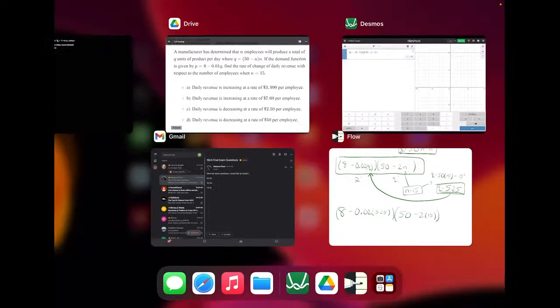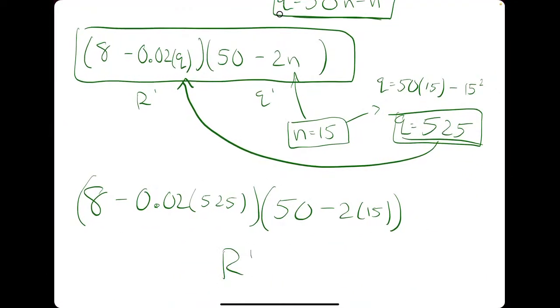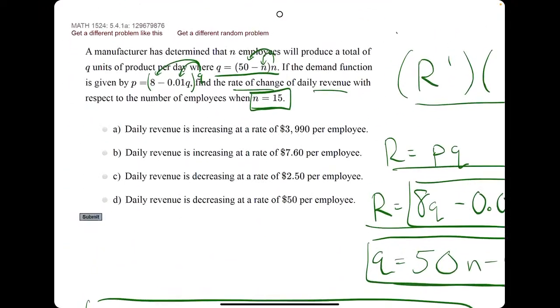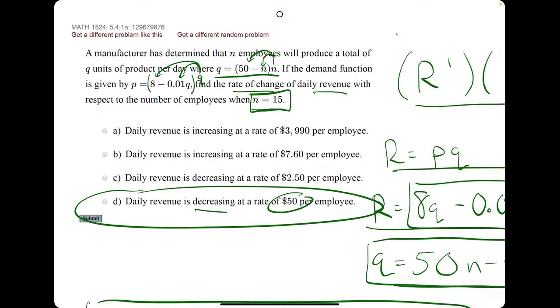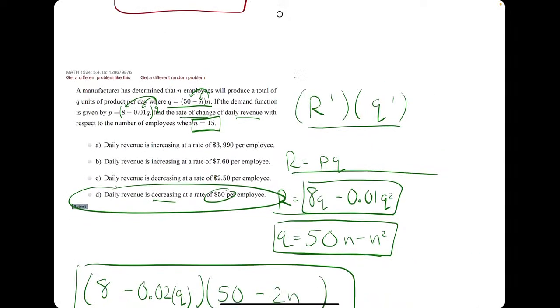And we get negative 50 for our final answer. So R prime with respect to N, when N equals 15, is negative 50. So looking at our answers, it's decreasing at a rate of 50 per employee.